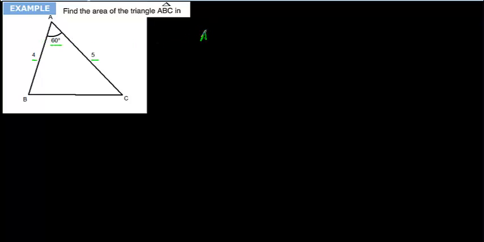So area of ABC is equal to 1 over 2 times, the sides are B and C here, and of course when you use B and C, the angle should be A, so B times C times sine A.